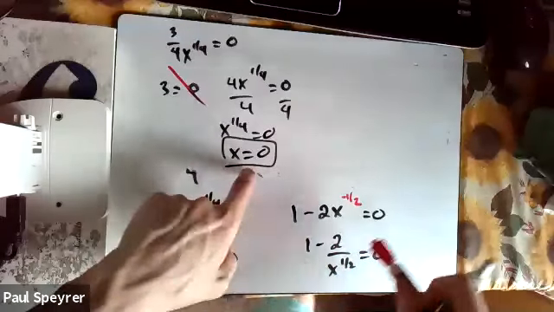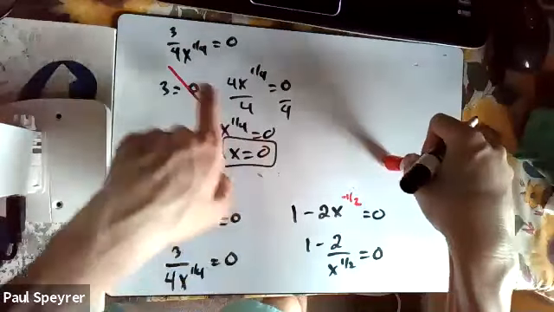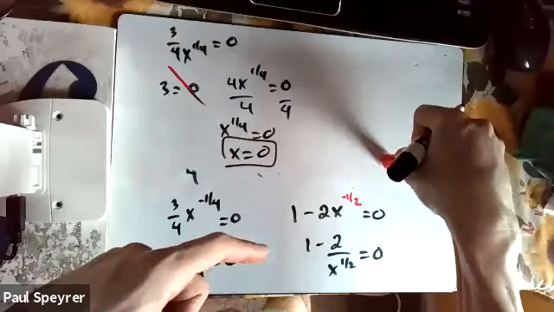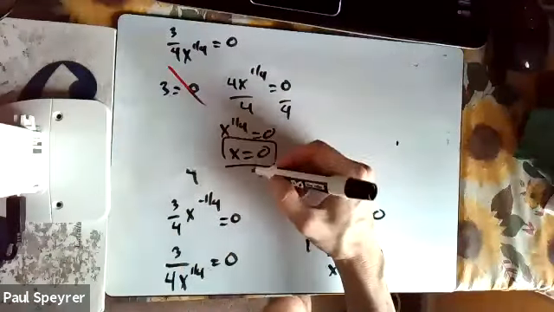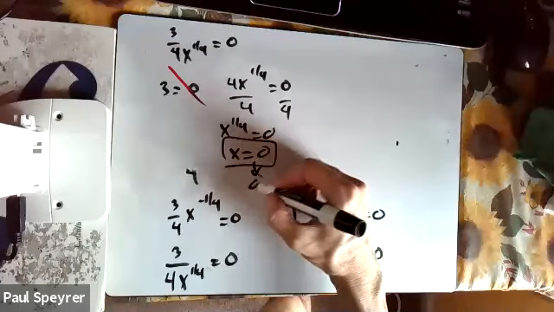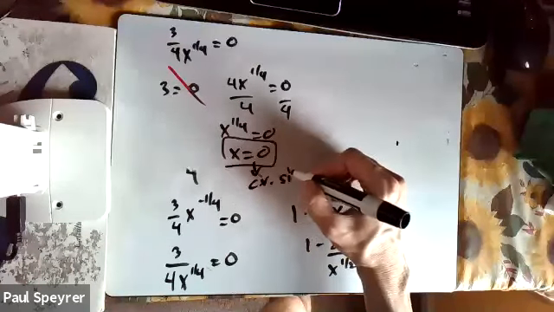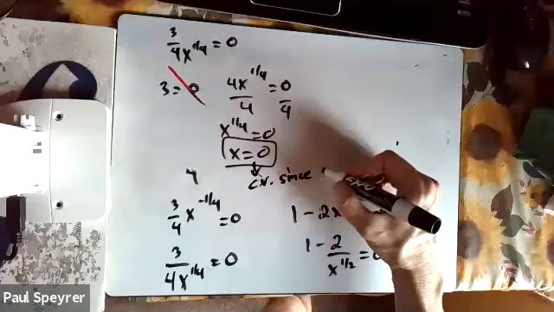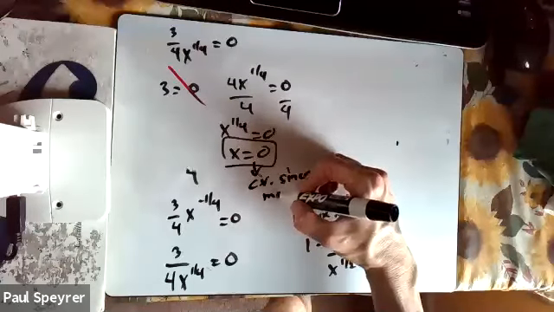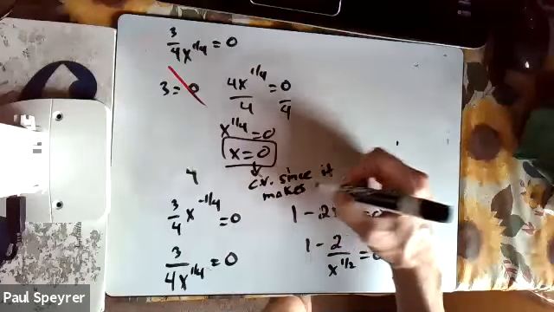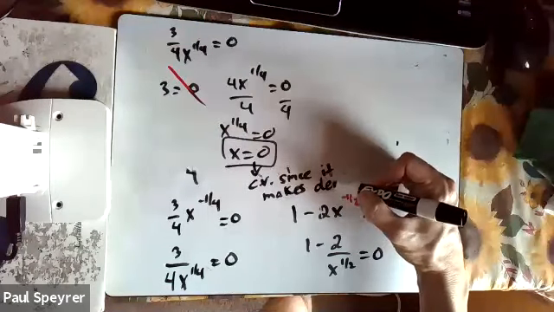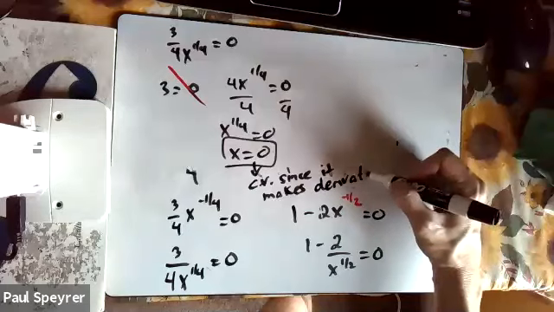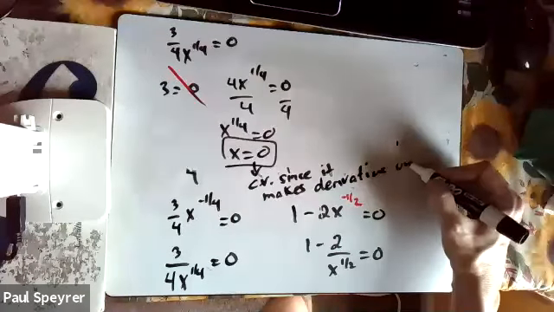But in this instance right here, this would make the derivative undefined, right? So if it makes it undefined, that counts as a critical value. So critical value, since it makes the derivative undefined.